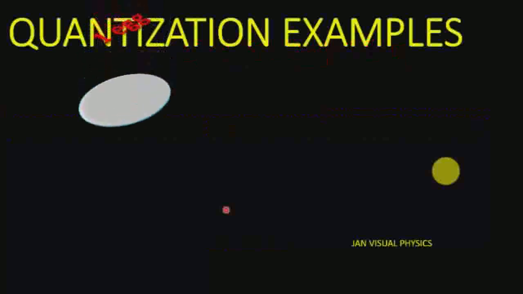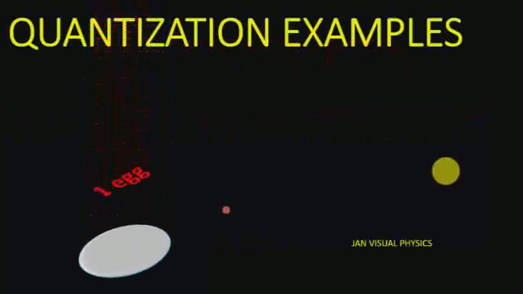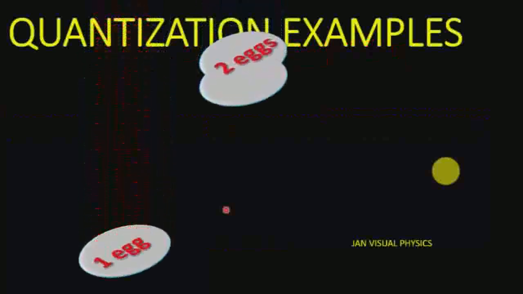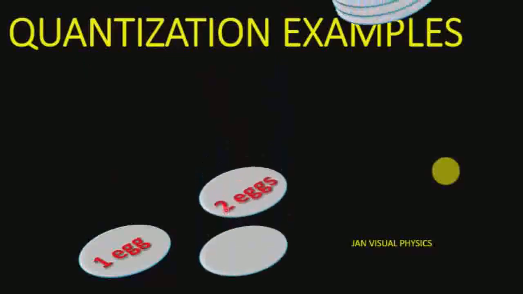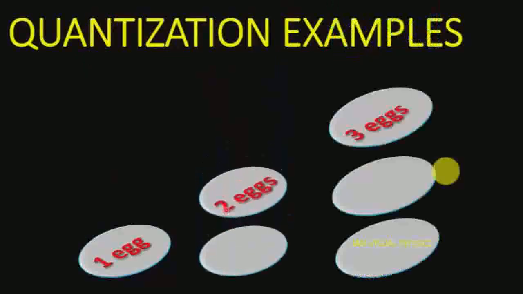If we buy eggs from a shop, we can buy one egg, two eggs, three eggs, but we never have an option to buy 1.5 eggs, 2.5 eggs, or 3.5 eggs. So eggs are found in quantized form. Similarly, we can buy 1 apple, 2 apples, 3 apples, 4 apples, and so on.